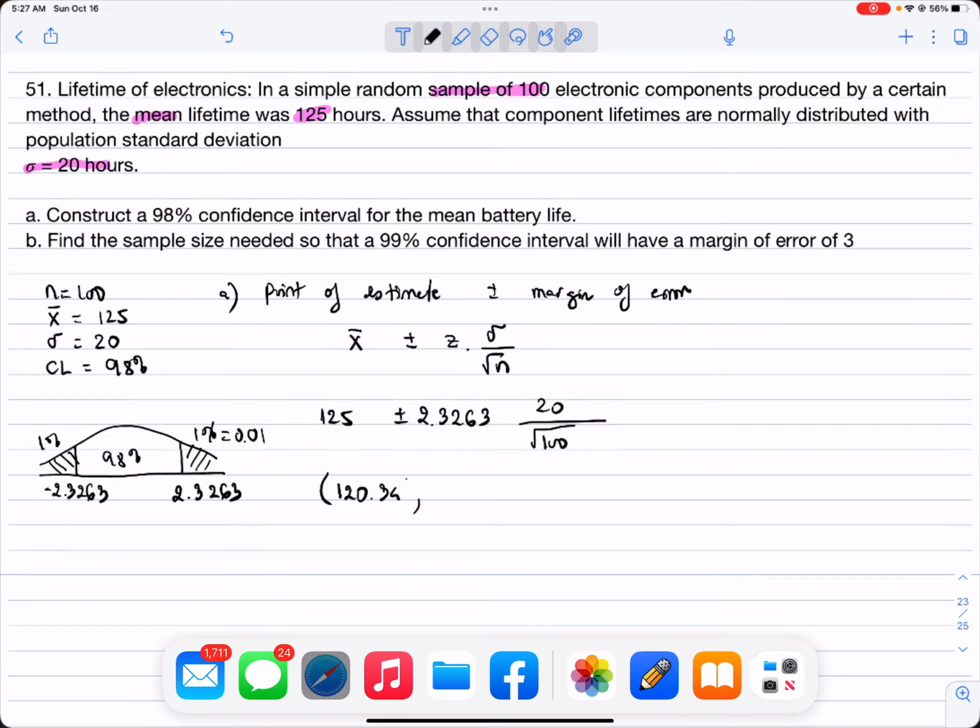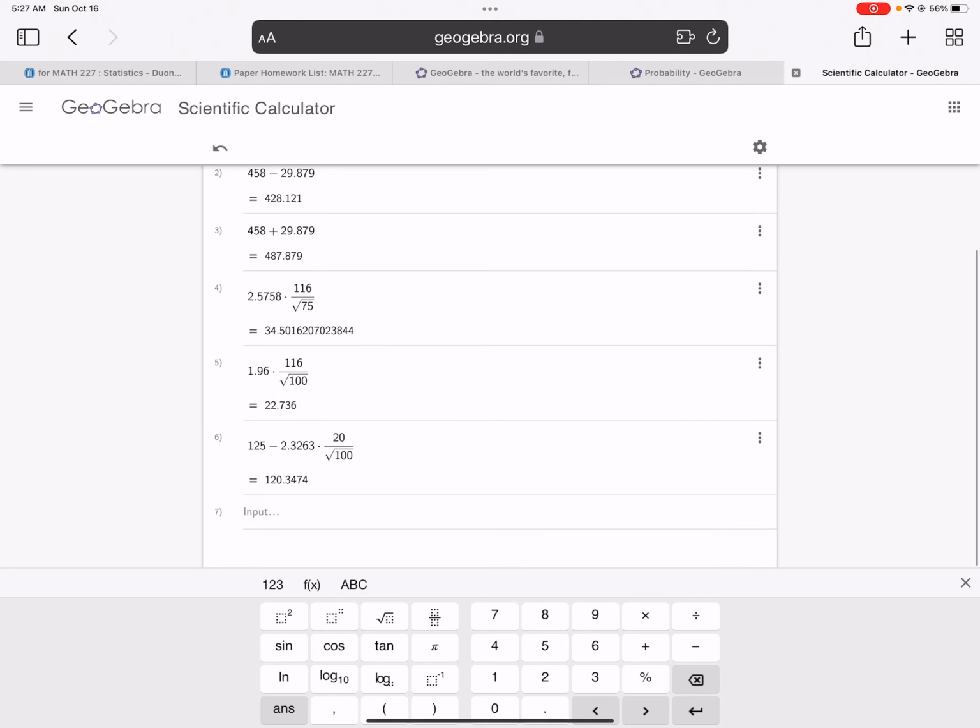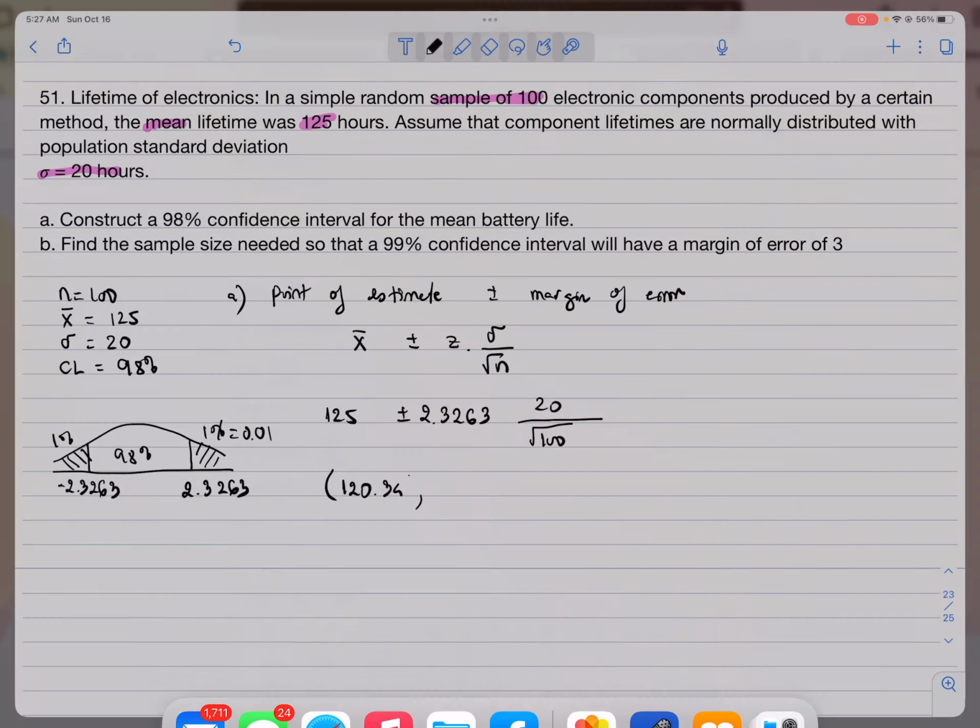And with the plus, we copy out the same 125. Or what we can do is we just go here. Everything is the same, right? And then you change this minus to the plus side. So we got 129.65.